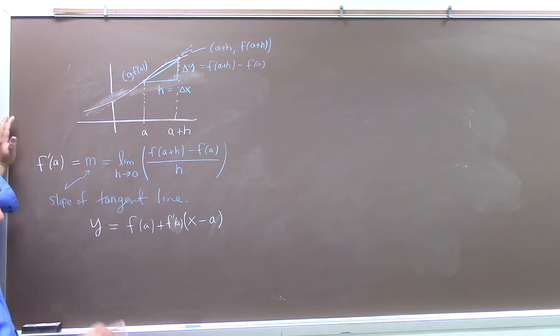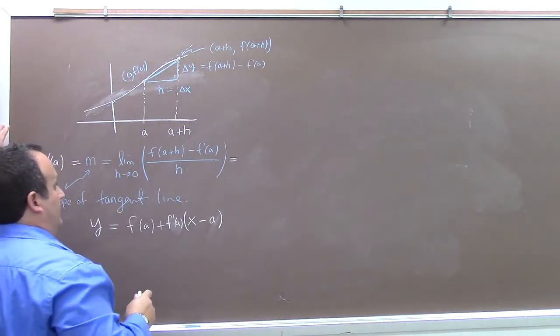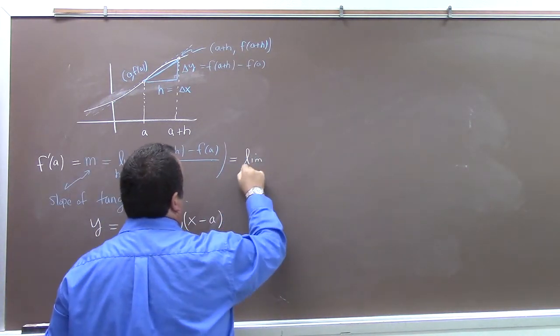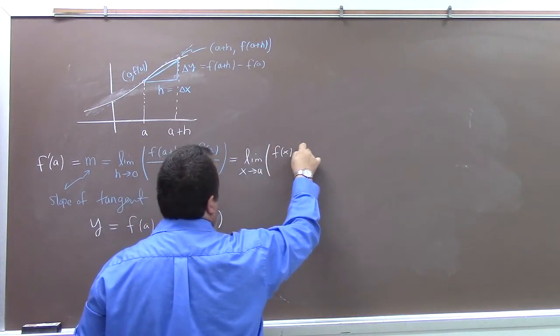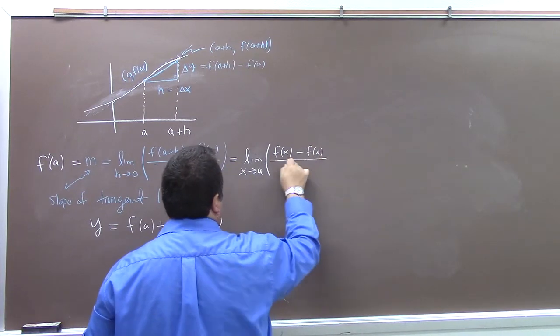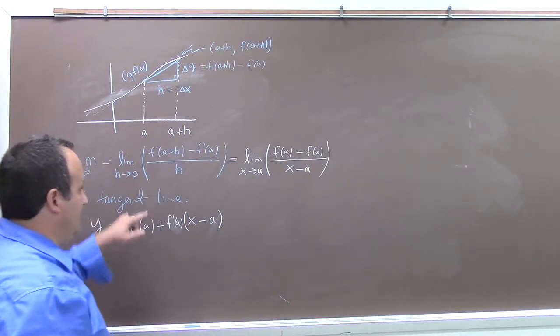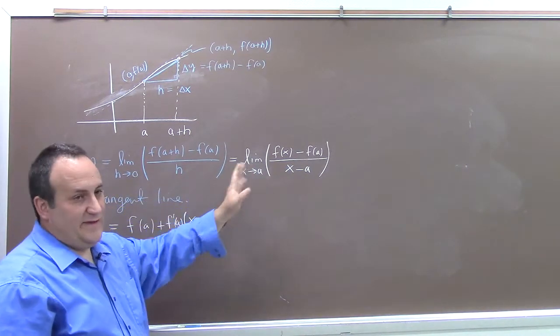Now, there is another way to calculate the derivative. The other way that we sometimes use is this: limit as x goes to a of f of x minus f of a over x minus a. I just want to warn you, sometimes the h formulation is easier, sometimes the x approaches a formulation is easier.